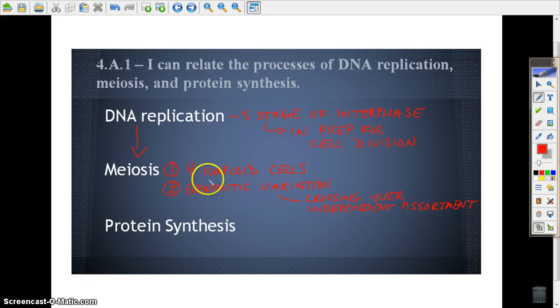Now, the whole reason that we have DNA, the whole point to DNA, is so that we can create proteins. Remember that DNA does not create our traits, but the proteins that we make during protein synthesis are going to create the traits that we see.